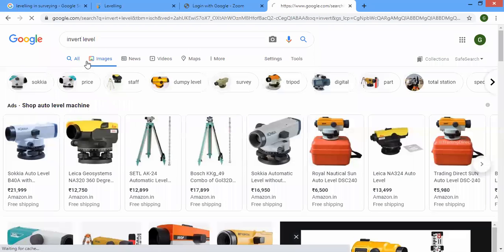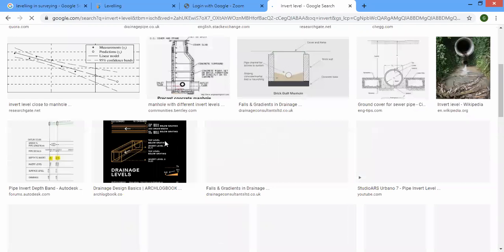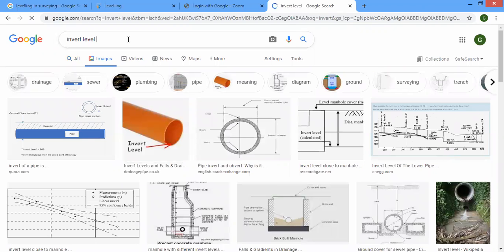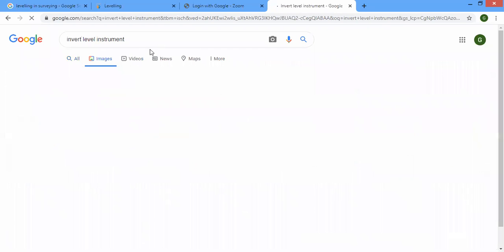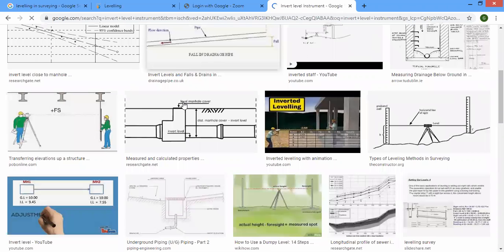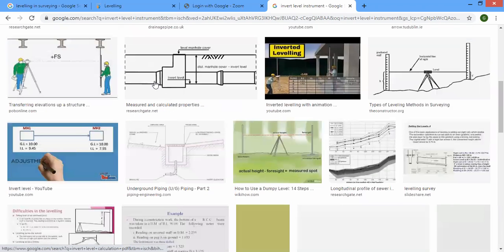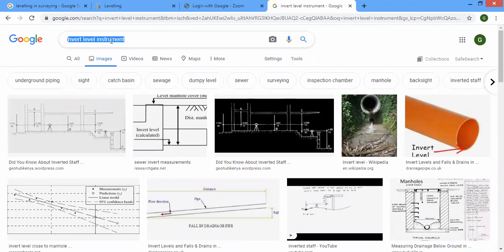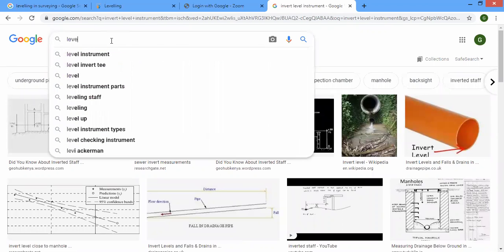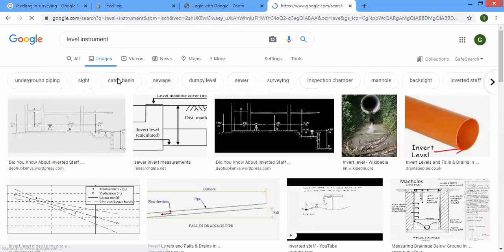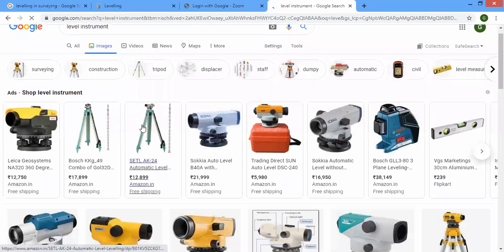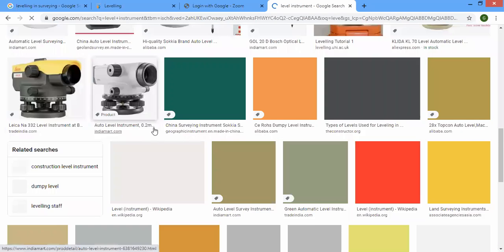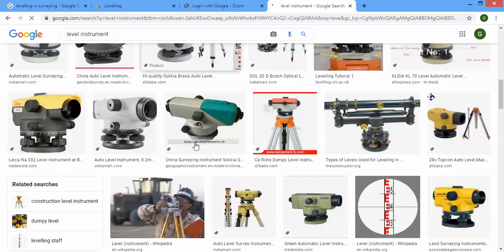That is also an instrument which we use for leveling.